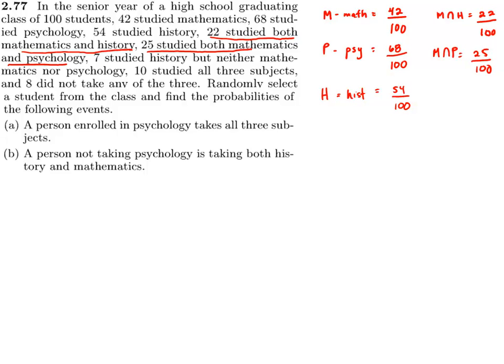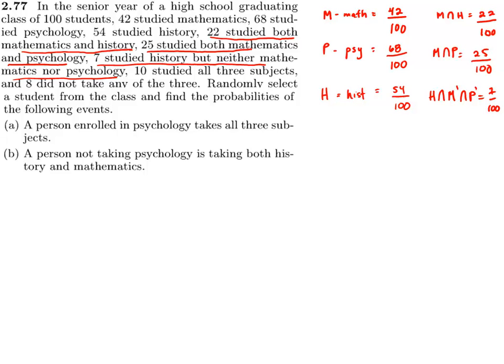So how can we represent such an event? That again is an intersection of events: study history, but the complement of math, and the complement of psychology, and this is 7 out of 100.